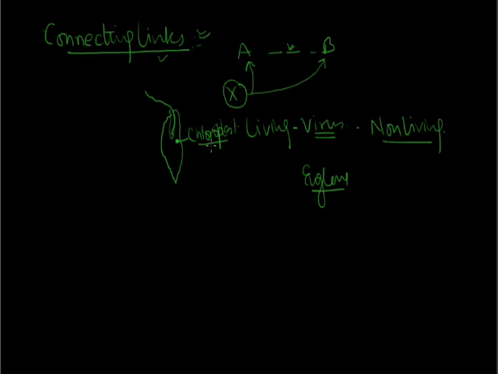Because of the presence of chloroplast, this was initially kept in the plant kingdom, but when it was found that it can move and shows other characters more suitable for the animal category, this organism was later kept in animals. So it is considered as a connecting link between plants and animals because of the presence of chloroplast.